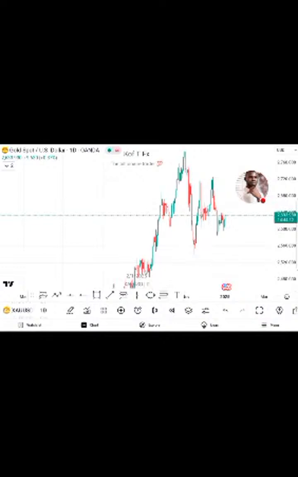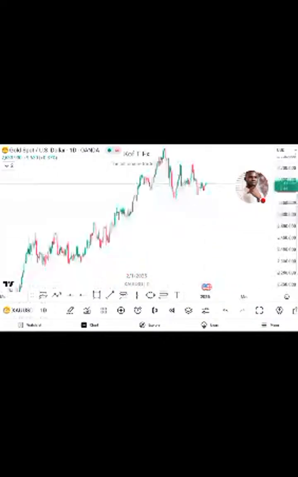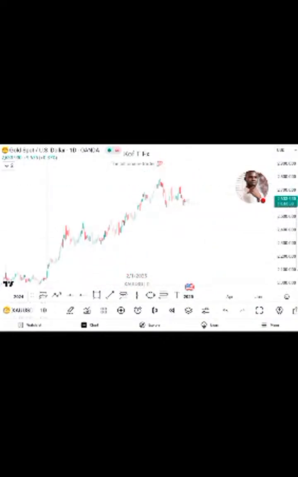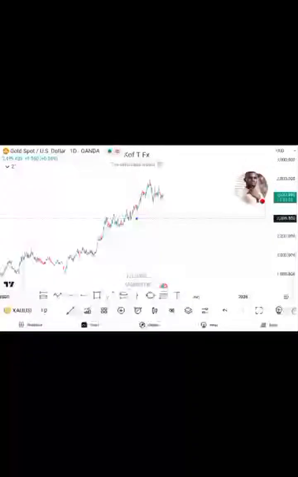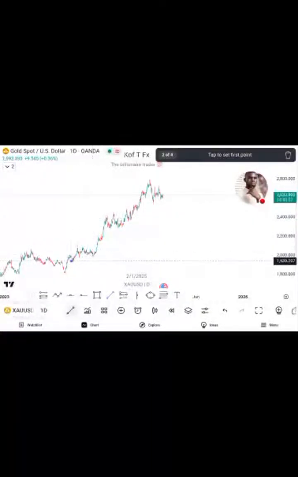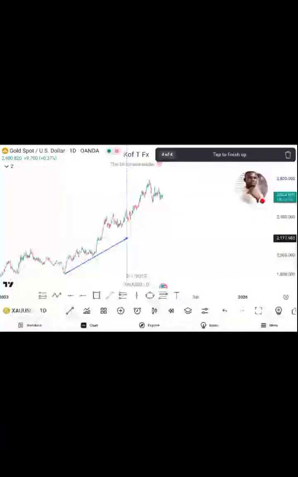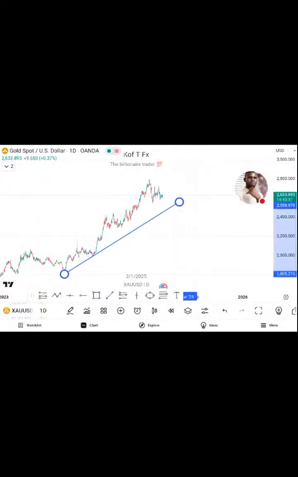Yeah, this is the daily time frame for gold. Wow. Looking at this, this is exactly what I can spot. The moment I switch to the daily time frame, this is what I can spot on gold.